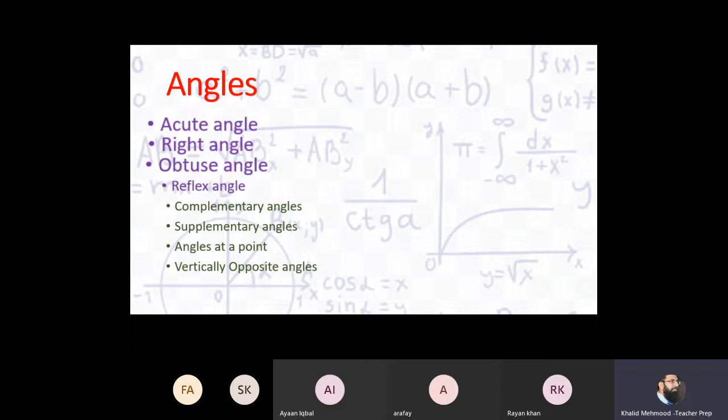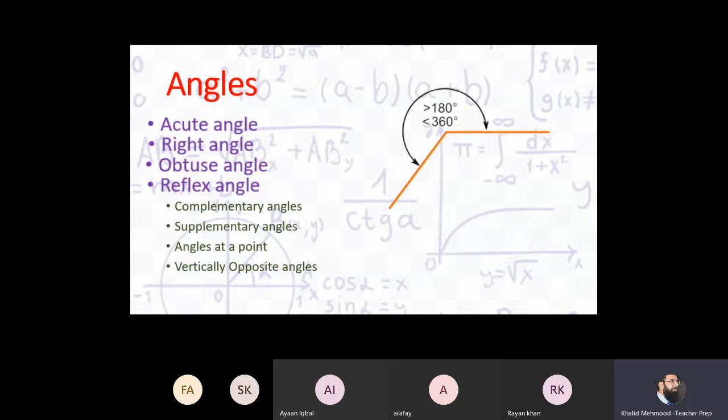Now come to the reflex angle. Reflex angles are those angles which are more than 180 degrees. 181 is a reflex angle, 270, 300, 330, and 359 are reflex angles, but only till 360. 360 will be the complete angle, not a reflex angle, but 359 is a reflex angle and 358 is a reflex angle.